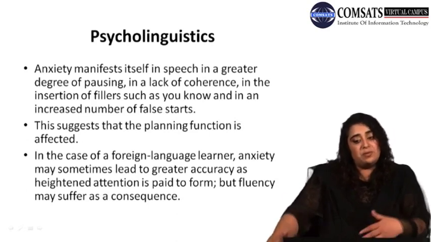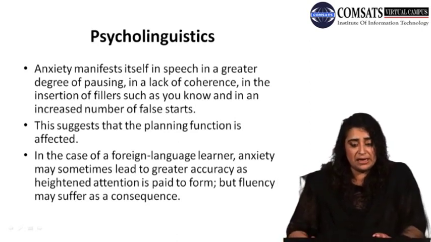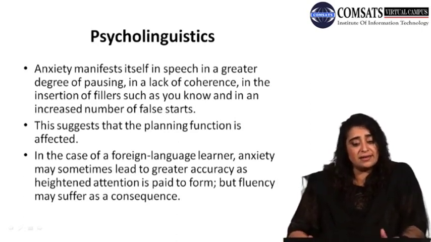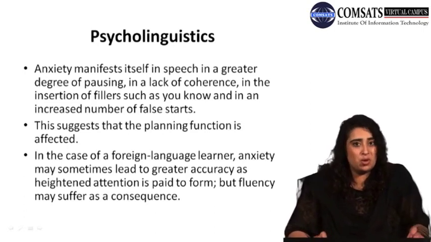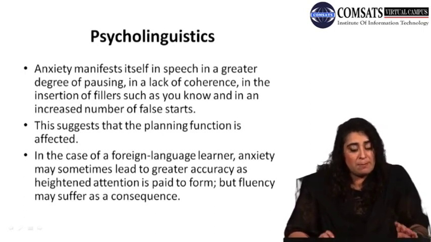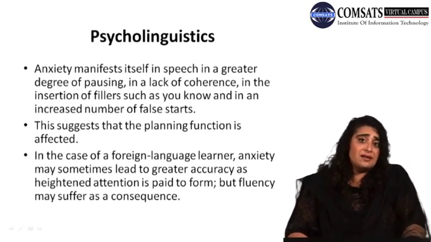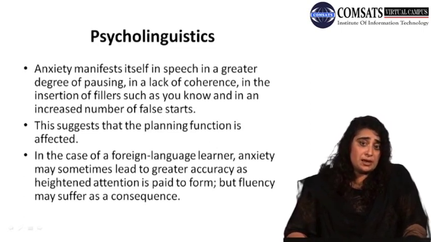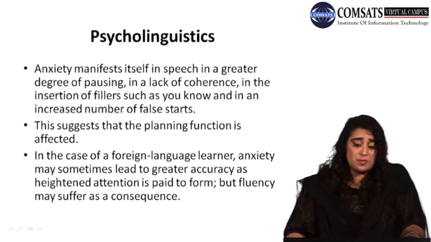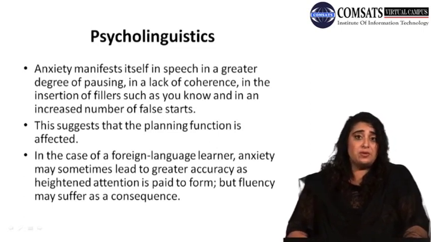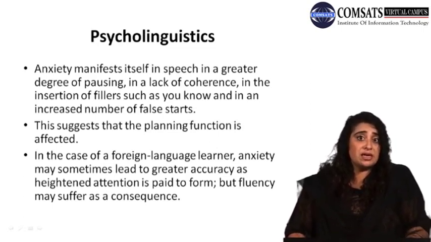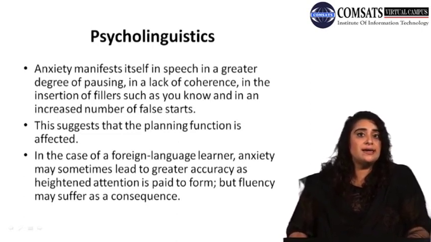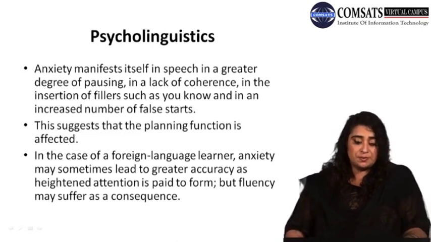Sometimes you can be more accurate when you're feeling anxiety, because you're paying more attention to the form of the language, but fluency might suffer. So you might be more accurate in a language, but you might not be that fluent. You wouldn't be that fluent, but you would be more precise, because you're putting more stress on learning what the language is.